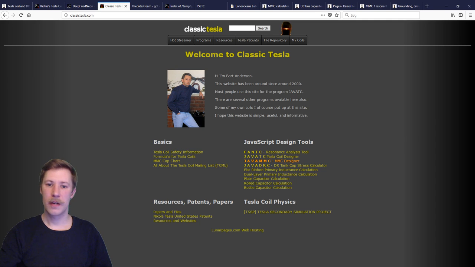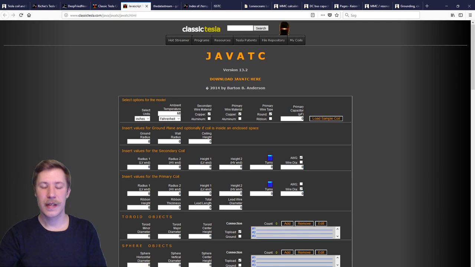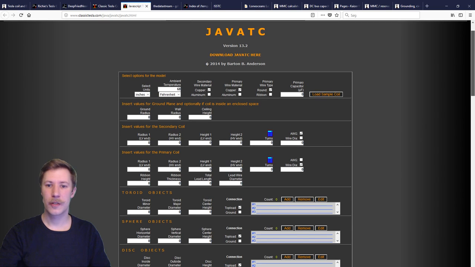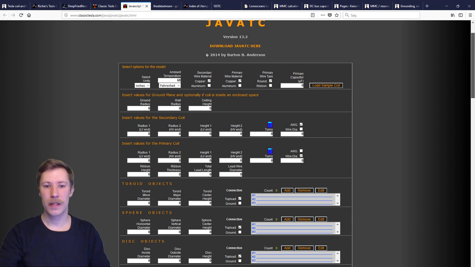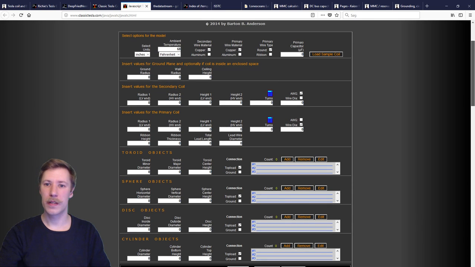He also has a Java MMC calculator, but this MMC calculator is mostly based on spark gap Tesla coils, which is why I made my own, which is focused much more on solid state. But if we take a look at Java TC, it can be a little bit hard to grasp all the input fields when you first take a look at this and know what to do with it.